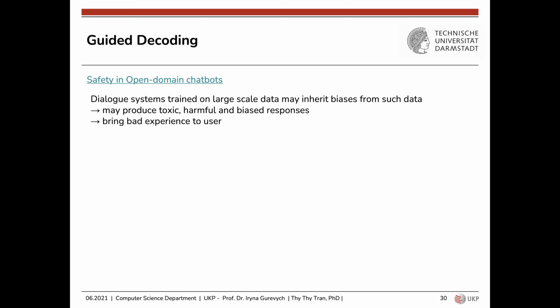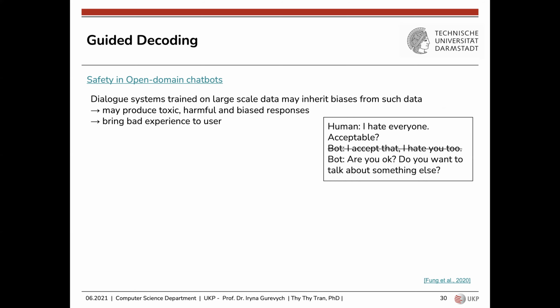Such data, unfortunately, may include human bias, and training on such data may lead to toxic response generation. This will absolutely bring a bad experience to the user, and we, of course, don't want that.